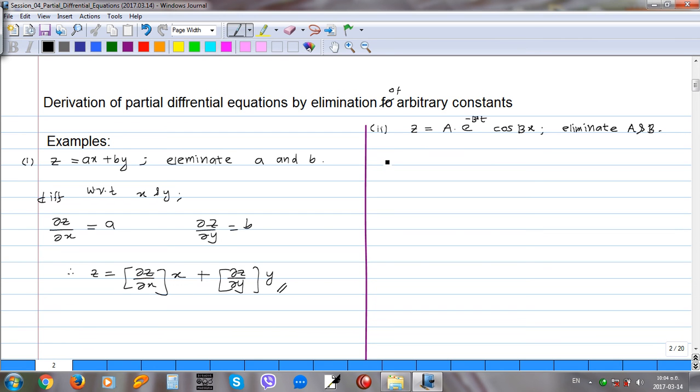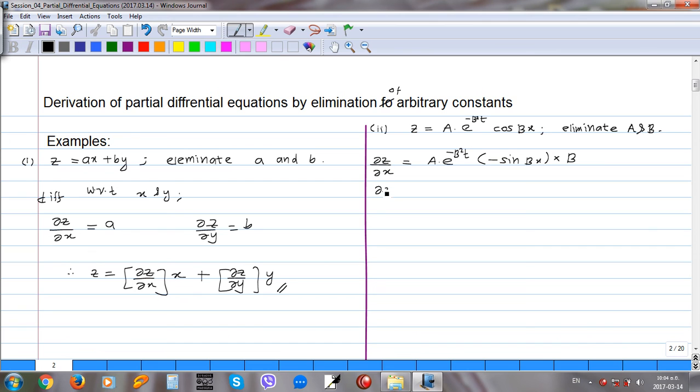First I am going to differentiate with respect to x, then ∂z/∂x. Here a is a constant, t is also a constant, so you can write those as they are. And cos bx, if you differentiate, that is minus sine bx times the derivative of bx, which comes as b.